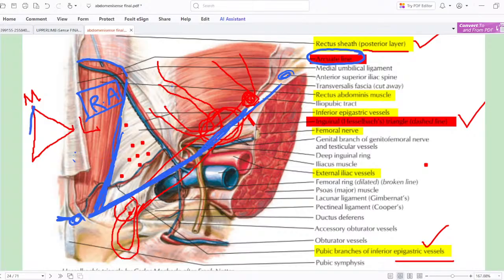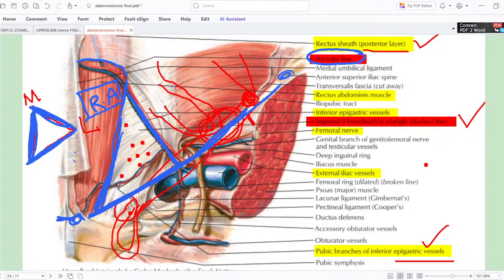One border is formed by the lateral border of the rectus abdominis. Another border inferiorly is the inguinal ligament. Now, to form a triangle we need the upper border, and this border is formed by the inferior epigastric vessels.